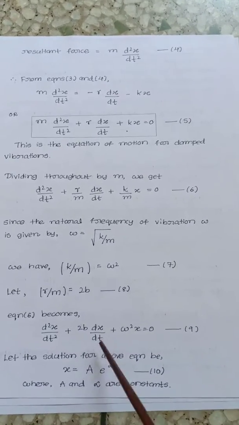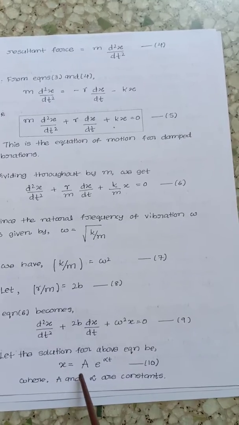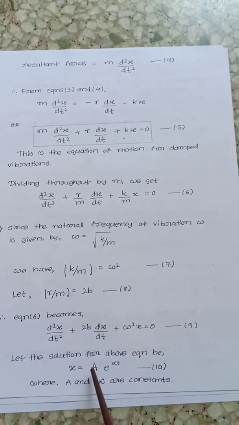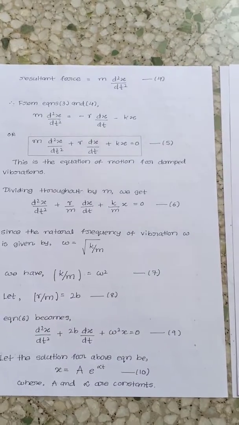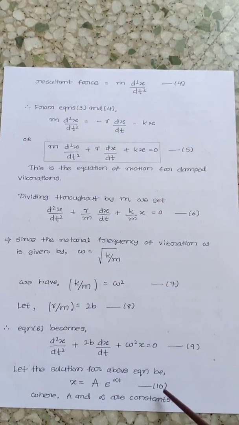Now the solution for this equation is given by x is equal to a into e to the power of alpha t. Here a and alpha are constants. Now differentiate this equation with respect to t.